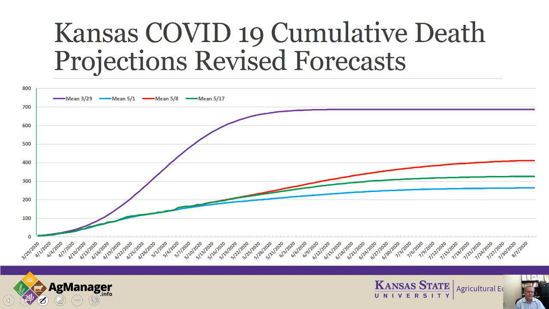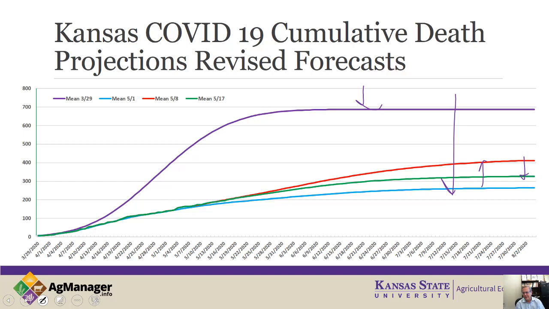We can then look at it from a cumulative perspective, and the first model was just shy of 700 deaths in Kansas. It was revised down with the May 4th model to about 260 to 270. Then it jumped up to over 400 in the May 8th revision, and with the most recent revision, it has fallen again to about 325.